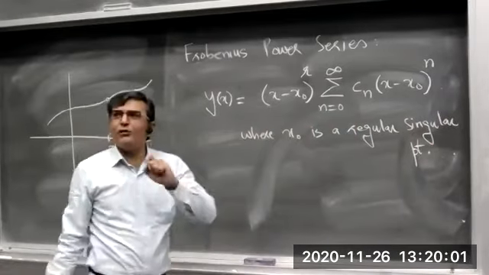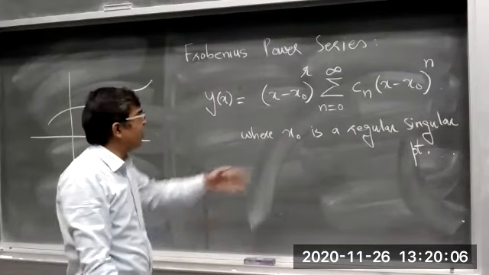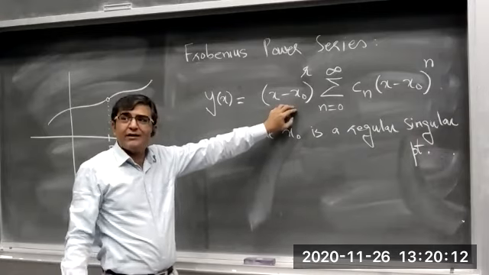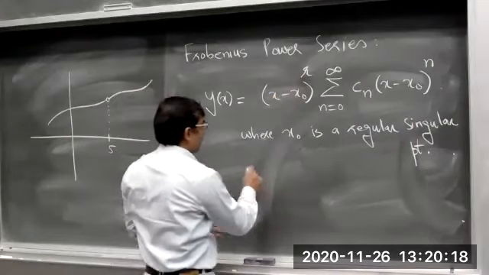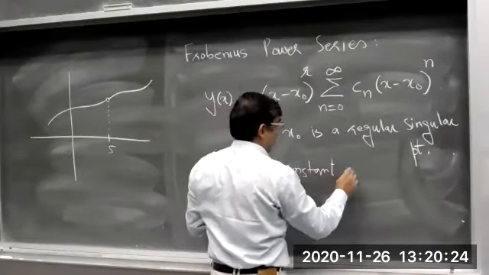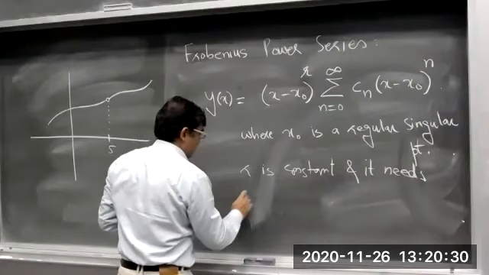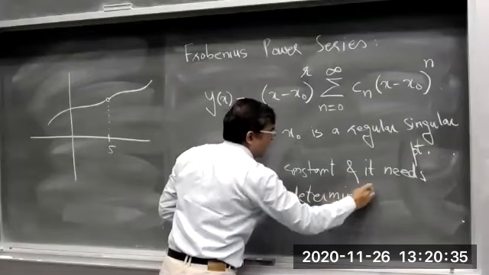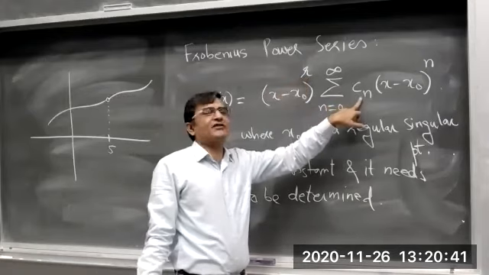In order to remove that singularity, or removable discontinuity, what we are going to do, we make an adjustment in the simple power series with this factor x minus x naught power r, where r is some constant, and it needs to be determined. We have to now determine this constant R as well, and the unknown coefficients c n.